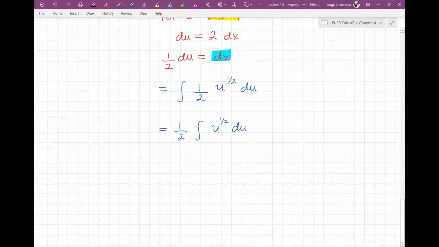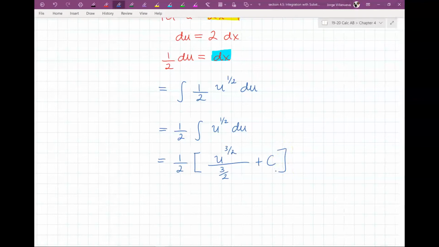Now using just your basic power rule here, u to the half. When I integrate that, it becomes u to the 3 halves divided by 3 halves plus c. Because remember, half plus 1 is 1.5, or 3 over 2, right? If I simplify that, u to the 3 halves divided by 3 halves becomes 2u to the 3 halves divided by 3 plus c.